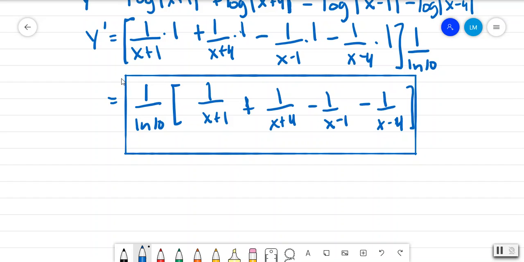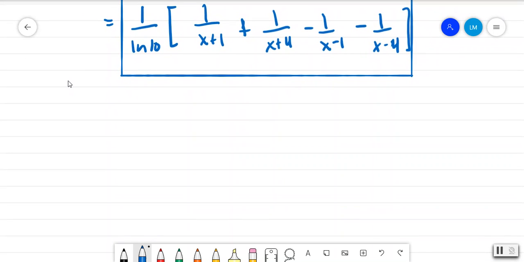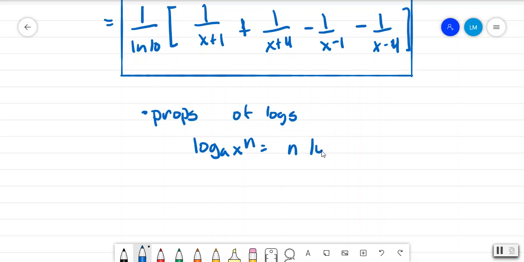So if you want to remember what the properties were, I would say just review the properties of logs. For instance, you have log base a of x to the n equals n times log base a of x.